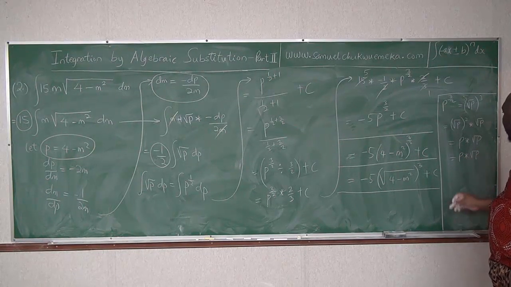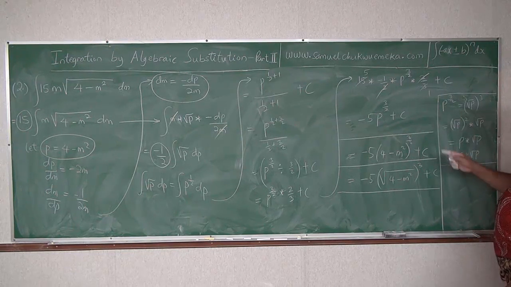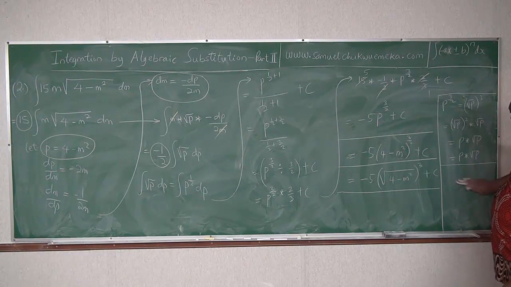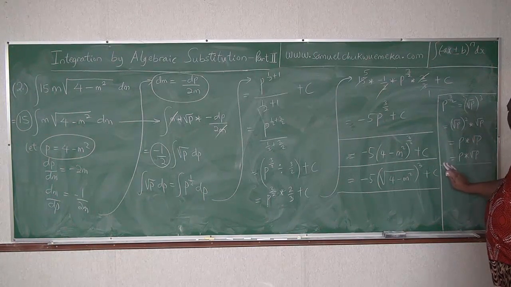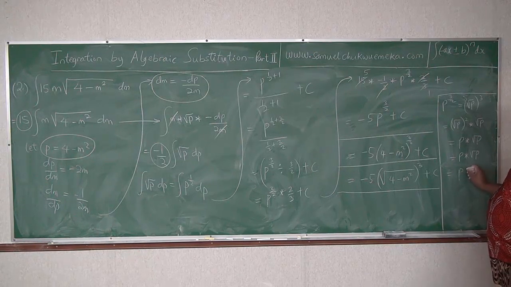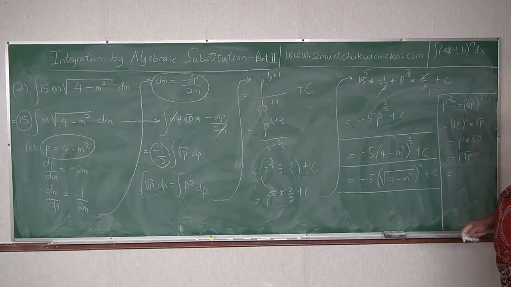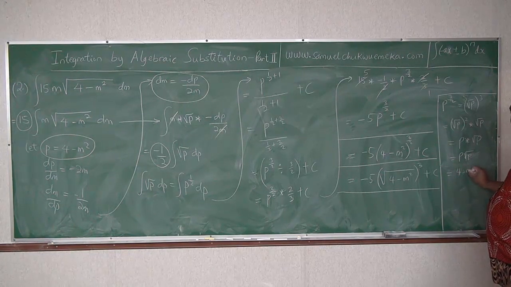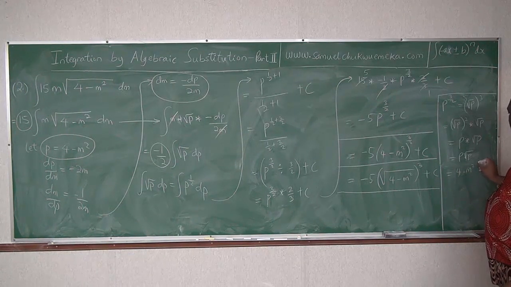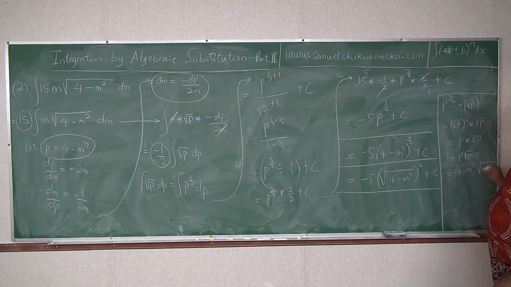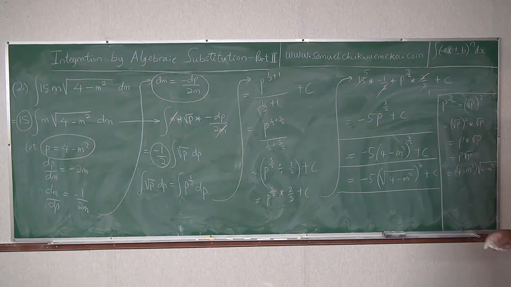So now the answer will be p radical p. You make sure you substitute back. So this is 4 minus m squared times radical 4 minus m squared.